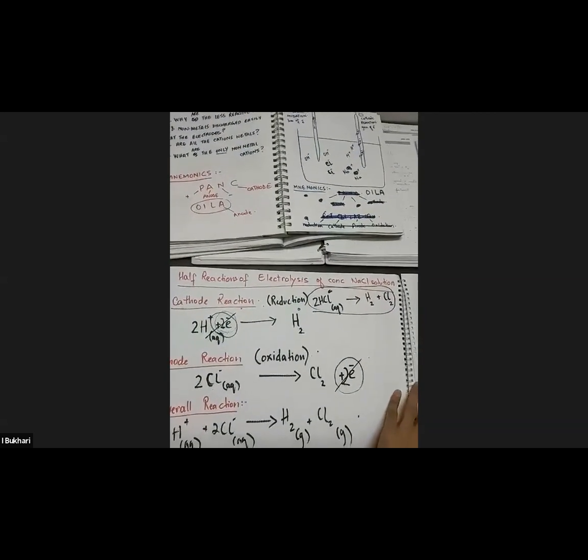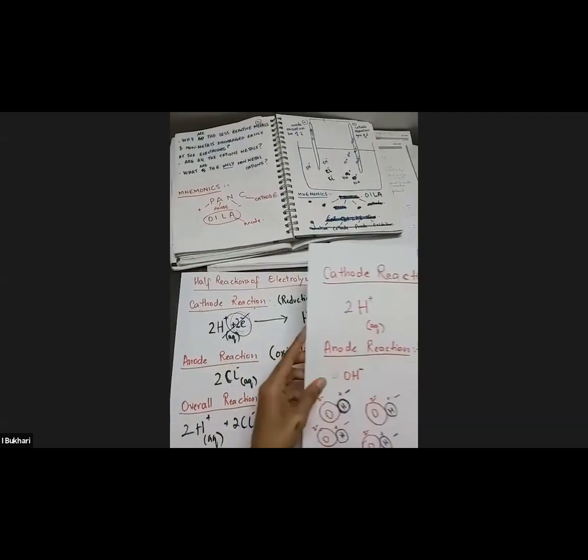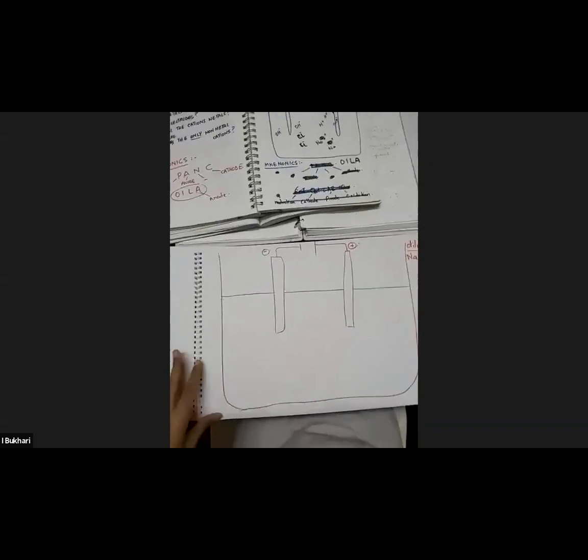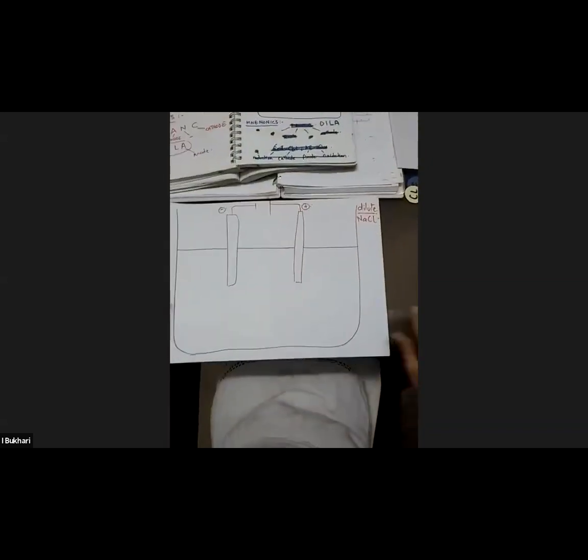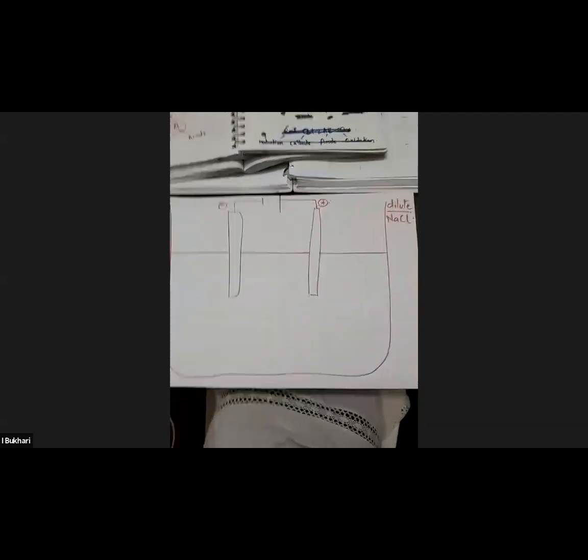Now, if this sodium chloride solution is dilute, how does the story change? If it is dilute, the story is almost the same, except for a little change in the anions. The cation will be the same, of course.